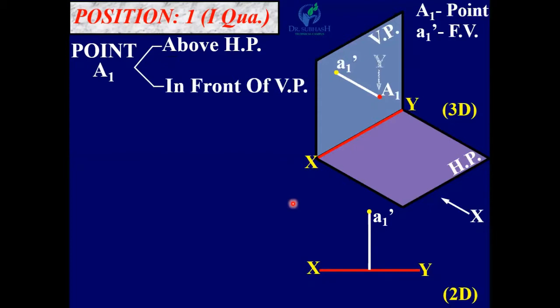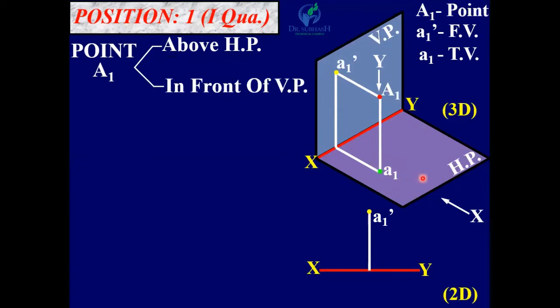Now looking from the top, in this Y direction, the projection of A1 on HP is denoted by small a1. So a1 is the top view of this point. The top view is denoted by a small letter without a dash.